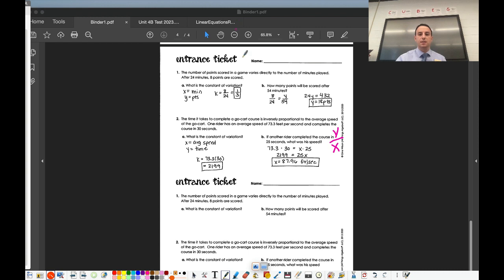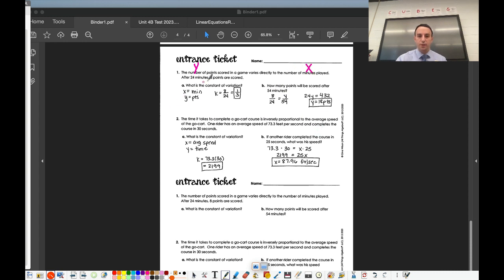I had more kids with this as the issue, okay? So on this particular problem right here, specifically part 1A, one of the things you want to keep in mind when you read the problem is you always set up a direct variation and inverse variation this way in word problems. y is always the first thing given to you. x is always the second thing.